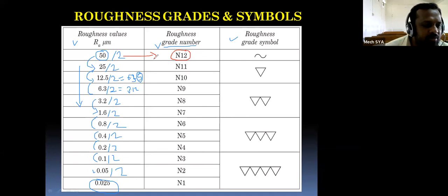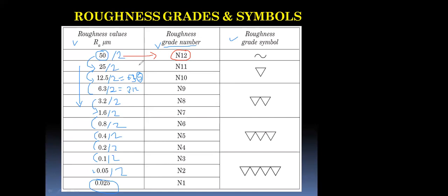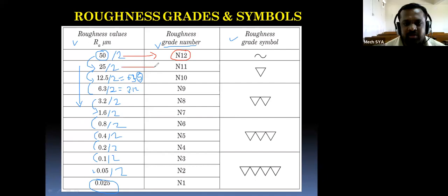N12. Then for 25, it will be N11. Then for 12.5, it will be N10.